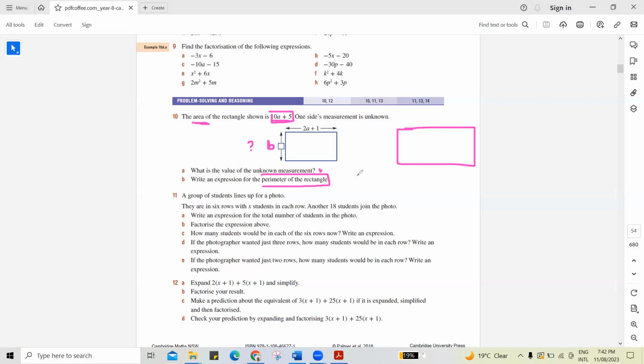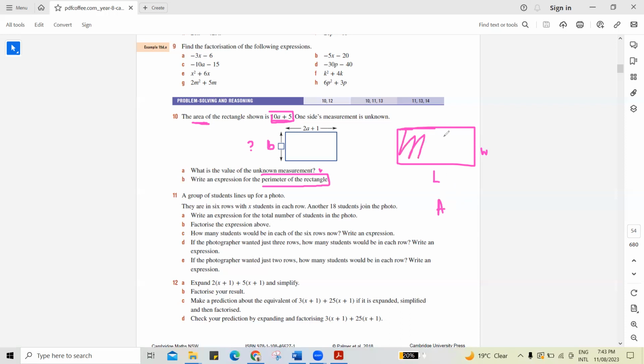You know that they have given length and width. If you know the length and width, what is the area? Area of a rectangle, do you remember? I would say this is L, this is W. What is the area?